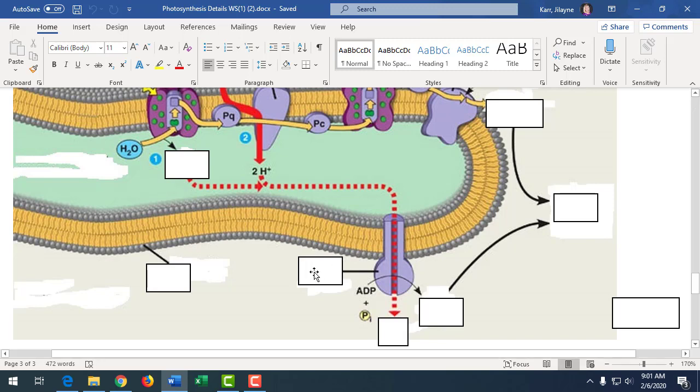Yes, this is the ATP synthase pump. All right, and then we have thylakoid membrane, because that's where we're buried in here right now.